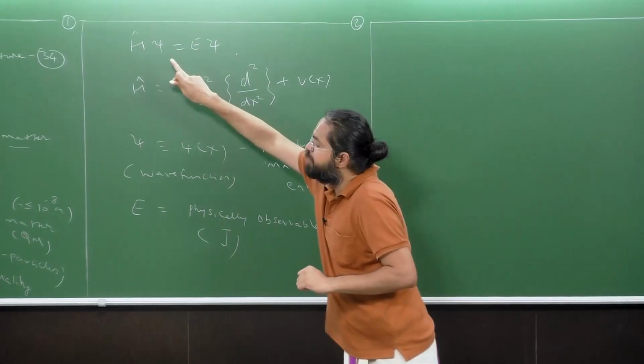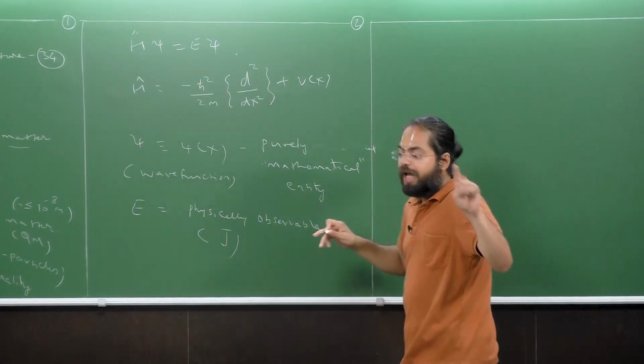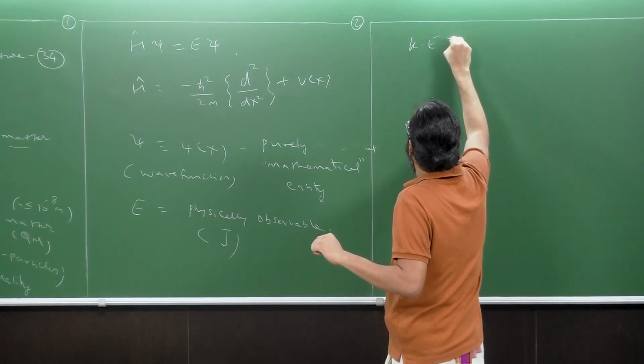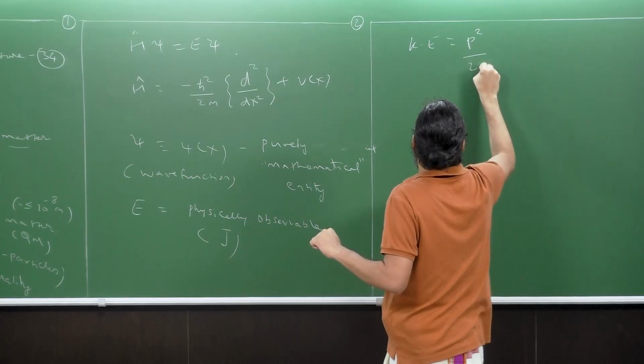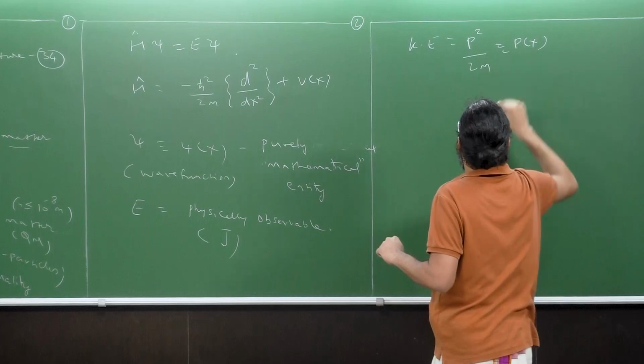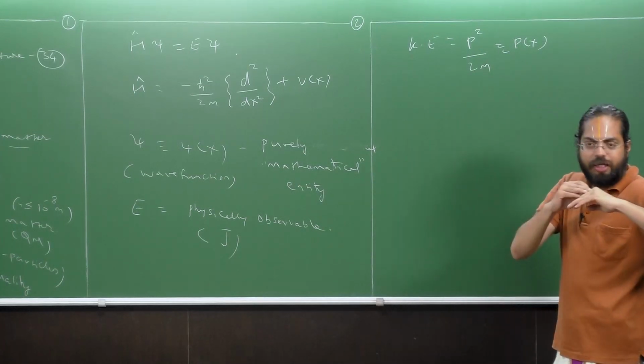What this particular statement means, in effect, is this. Recall that in the last lecture I told you that your kinetic energy is P squared by 2m, where P is P of x. In other words, the momentum changes with the position.